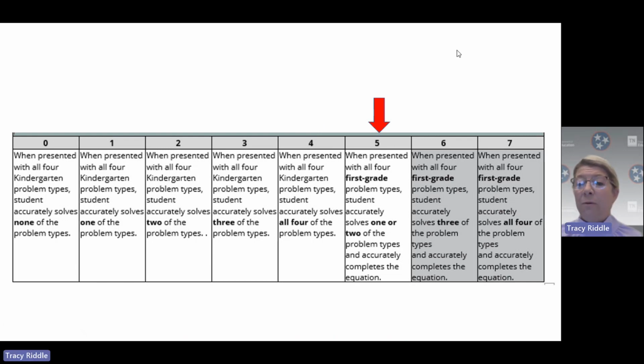When presented with all 4 first grade problem types, if the student can accurately solve 3 of the problem types and complete the equation accurately, that is the score of a level 6. When presented with all the 4 first grade problem types and the student accurately solves all 4 of them and accurately completes the equation, that is the score of a level 7.